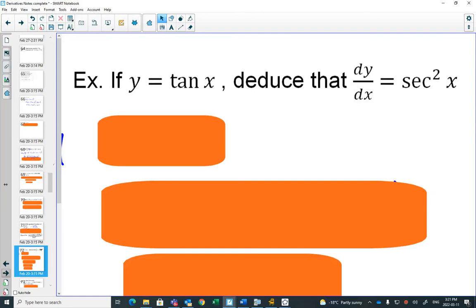The next formula that you're given is that the derivative of tan is secant squared. But we're going to pretend we don't get that formula, and we have to prove it, or deduce it. How could you do that? You don't know the derivative of tan, and we're supposed to show that the derivative is equal to something.